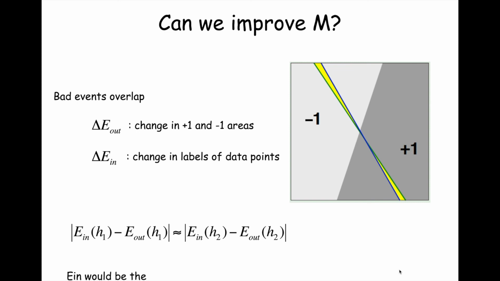All right. So when we have these bad events overlap, and if we look at out of sample error in this particular figure, we can see that the out of sample error difference between the blue hypothesis and the green hypothesis is not very much, right? Because they overlap quite a bit.